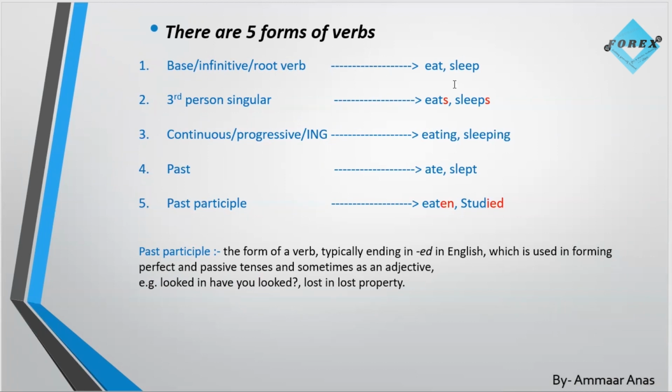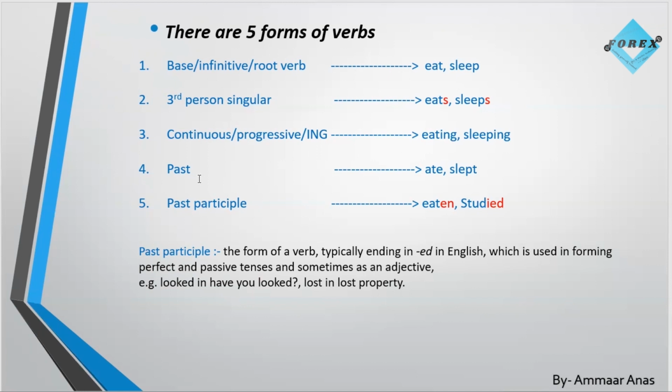So here I have given an example for eat and sleep. And third person singular is when a third person speaks about the verb, like eats or sleeps, like he eats very quickly. And the continuous or progressive or ing form is to add ing at the end of each base verb. And the past is which has finished.